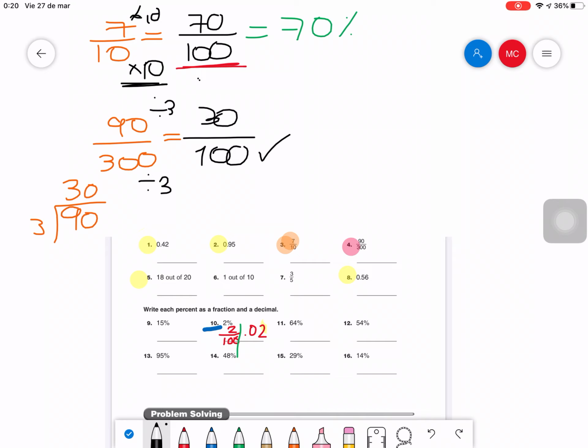Now that I know that 90 over 300 is equivalent to 30 over 100, I can convert it easily into a percent, and it will be 30%. So we're having the answers for this, 70%. Even though I am doing it with you, please think about what we're doing, okay? This is 30%. Now, let's erase this.